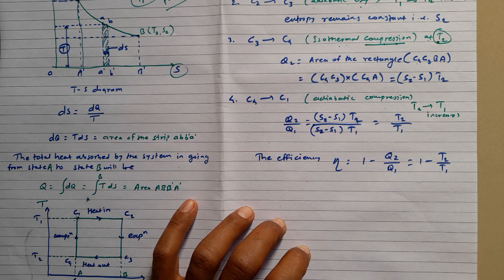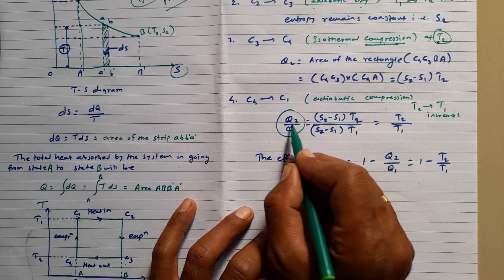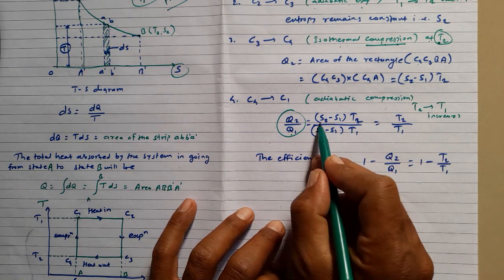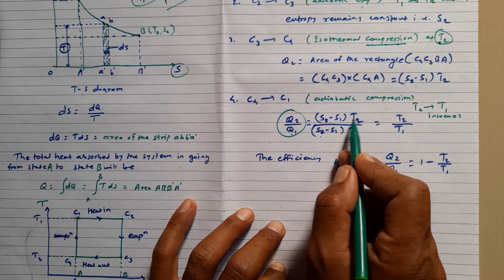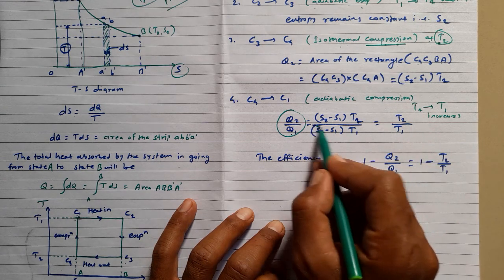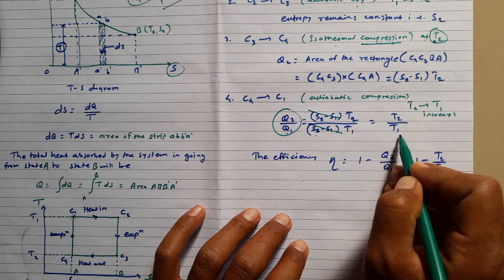So we can find the amount of heat exchange, that is Q2 by Q1. The ratio Q2 by Q1 is S2 minus S1 into T2 upon S2 minus S1 into T1. So this will get cancelled out, and what remains is T2 divided by T1.